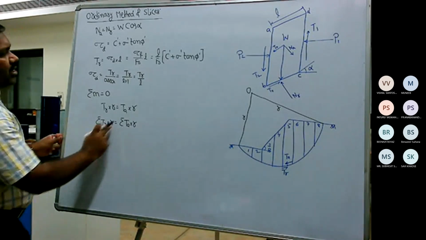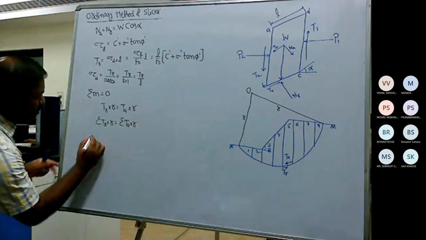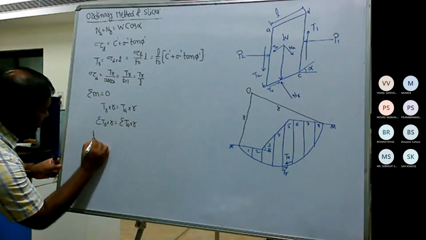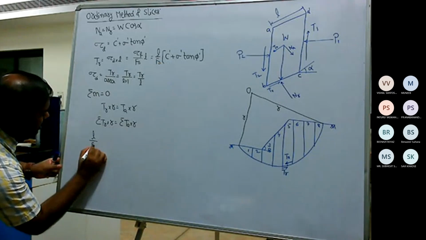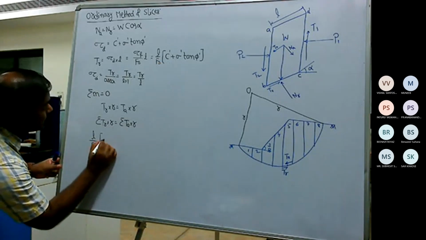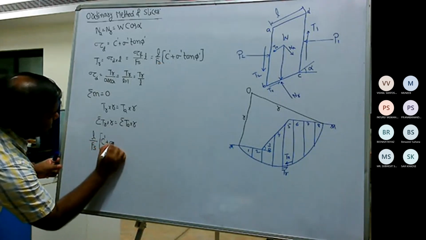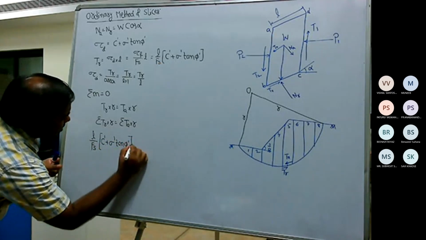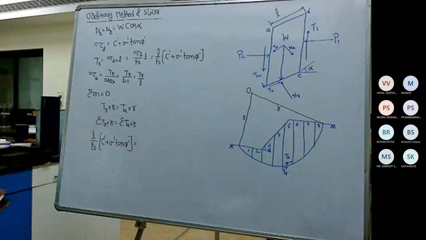Now the TR is nothing but, summation we will take later, L by Fs into c dash plus sigma dash tan phi dash, multiplied by, how do you write the TA?